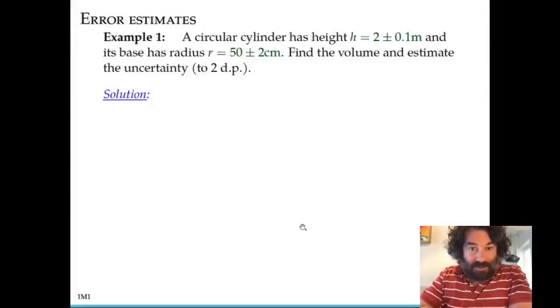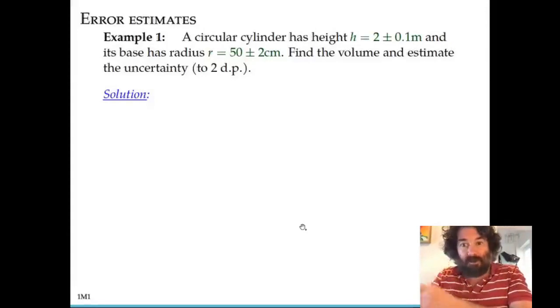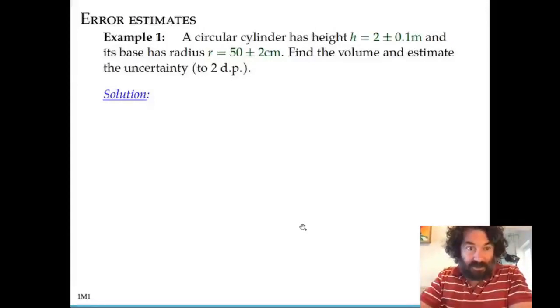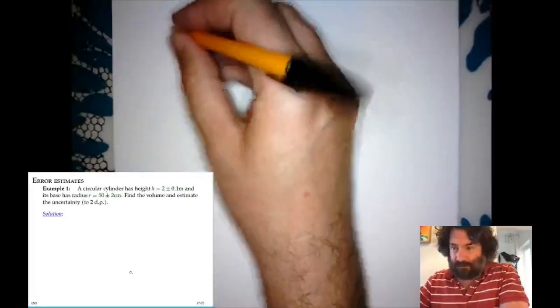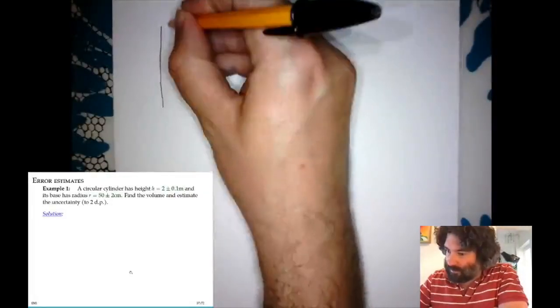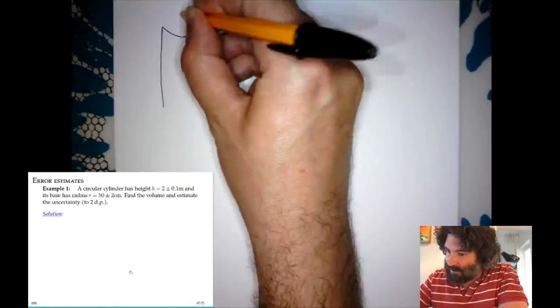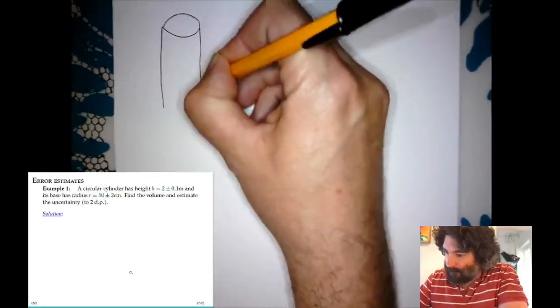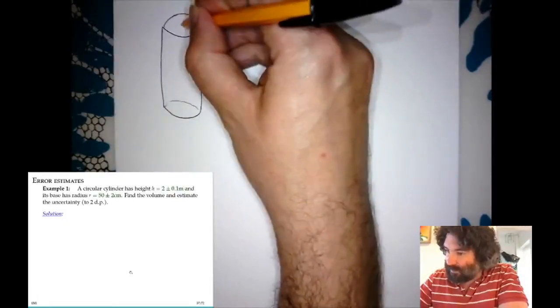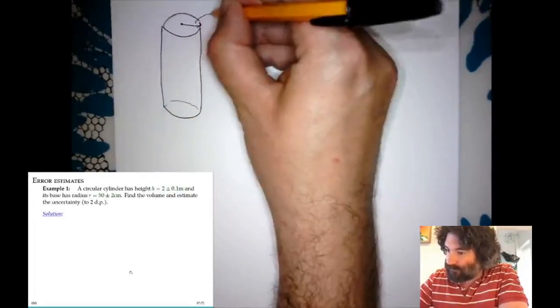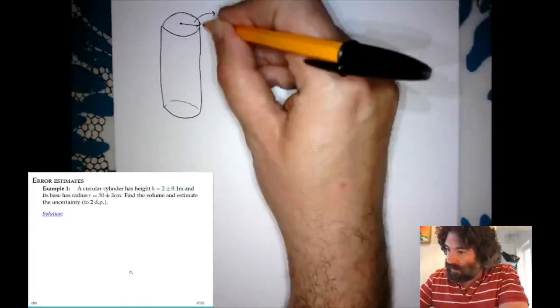So we have a cylinder, and we measure the height and the radius with some errors, and we want to know what is the error in the volume that we would calculate. So, the same picture as before. Have this cylinder. Has some radius. It has some height.